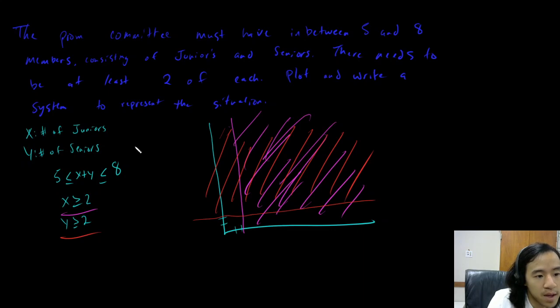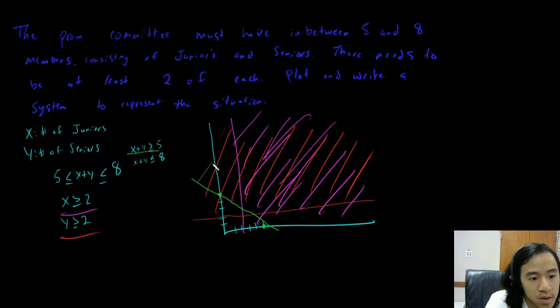So I'm going to have x plus y is greater than or equal to 5, and then x plus y is less than or equal to 8. Okay, so I need to plot this. So our first one, let's do this in green. The x-intercept is going to be 5, and the y-intercept is going to be 5. So let's plot that.